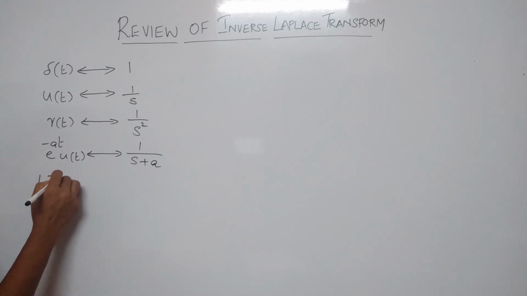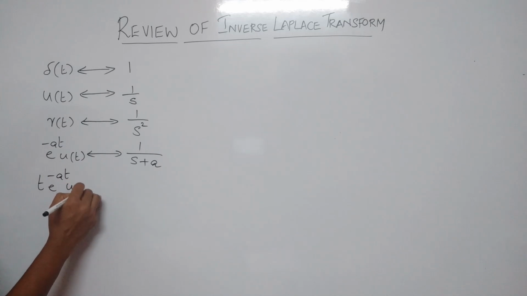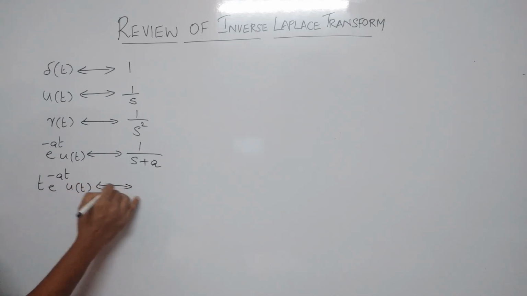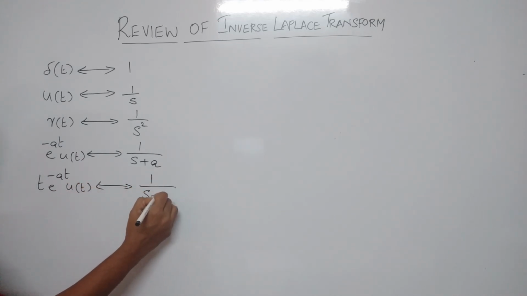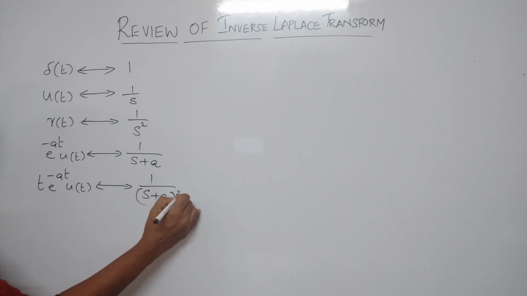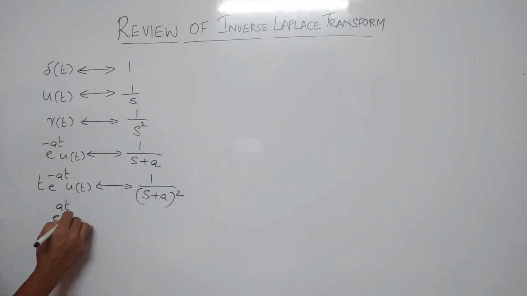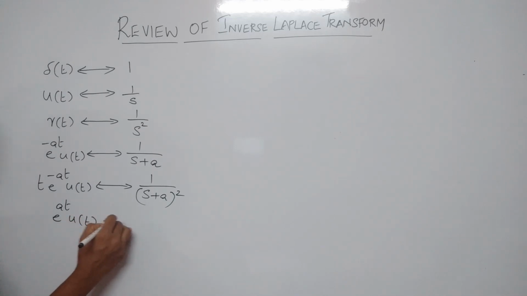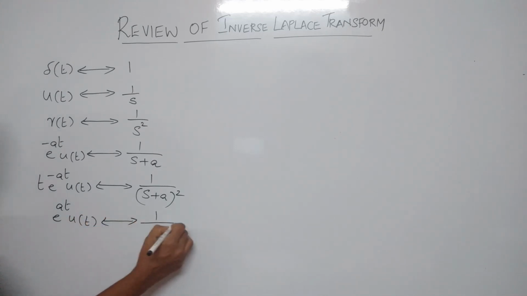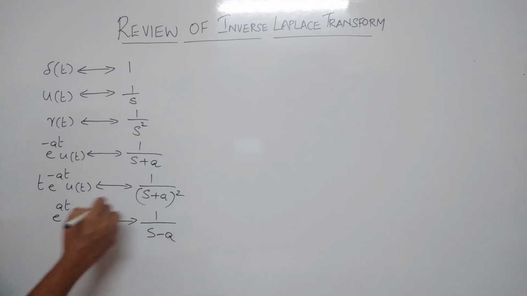T into e raised to minus at u of t is 1 by s plus a the whole squared. E raised to at u of t is 1 by s minus a.